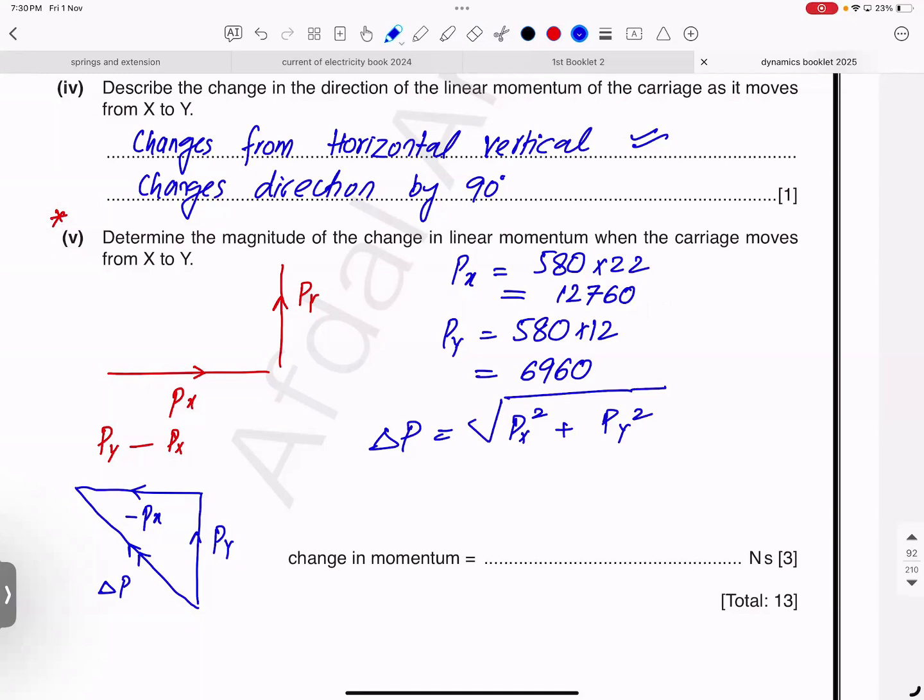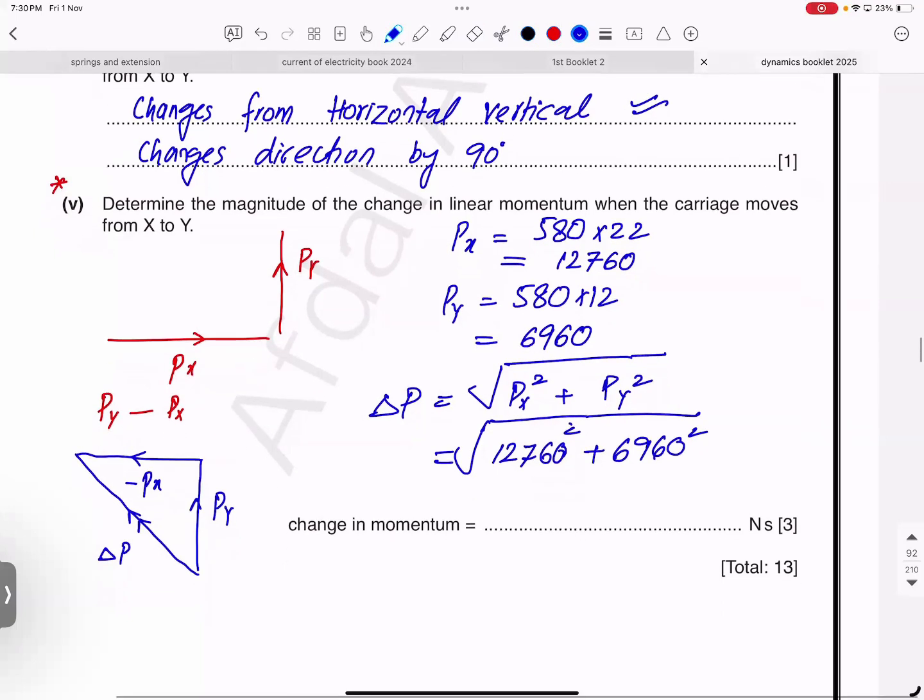They are not in the same direction or opposite directions. 90 degrees. So 12,760 square plus 6,960 square, root, which is 14530.34. So 1.5 times 10 to the power 4 newton second.